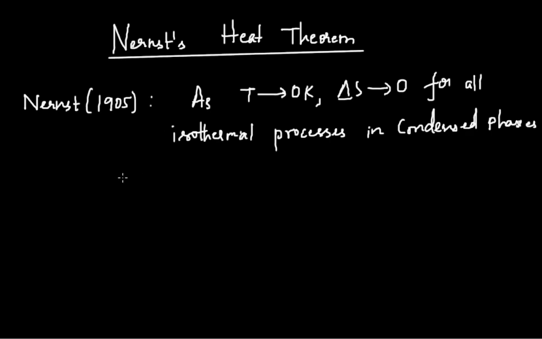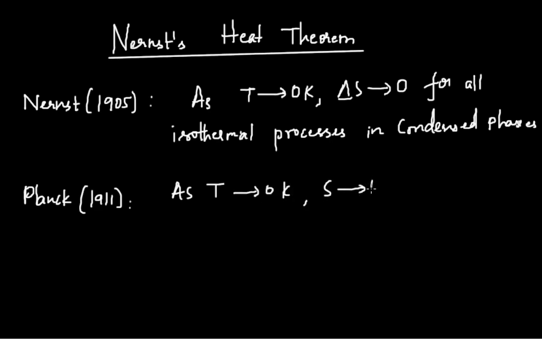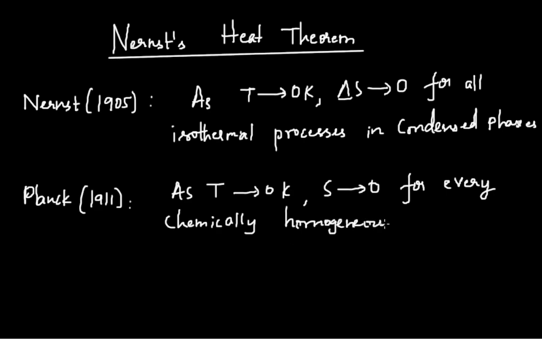This was later generalized by Max Planck, who in 1911 said that as temperature tends to 0 Kelvin, entropy tends to 0 for every chemically homogeneous substance in perfect crystalline state.